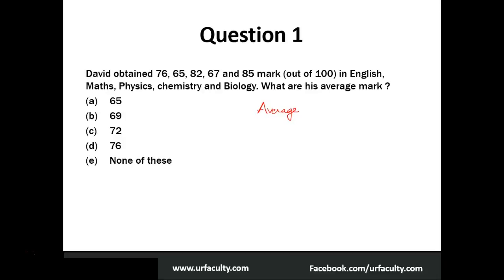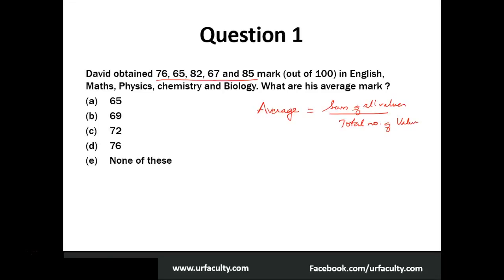What is an average? To understand the concept, let's first come up with a definition. Average is basically the sum of all the values divided by the total number of values.